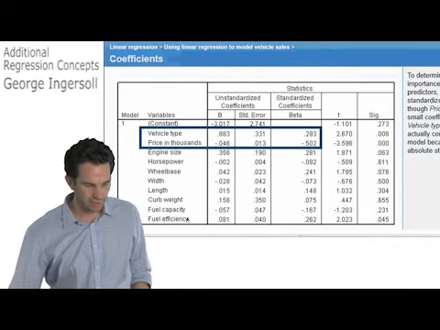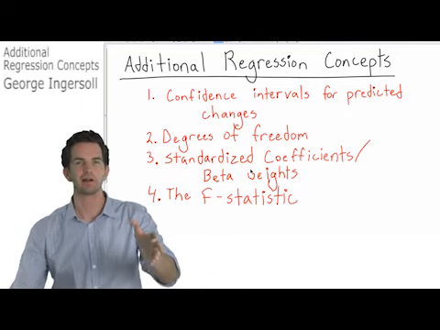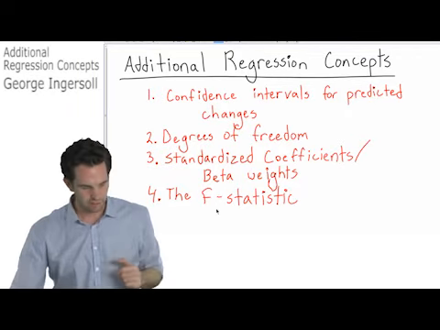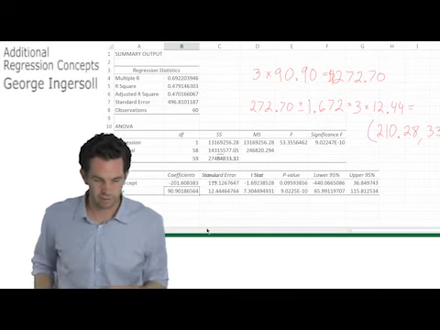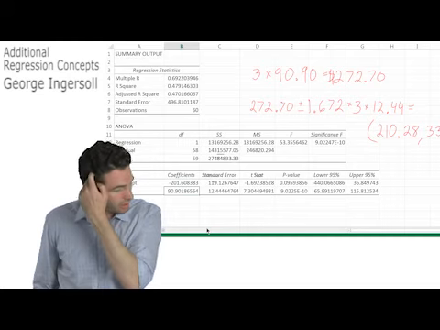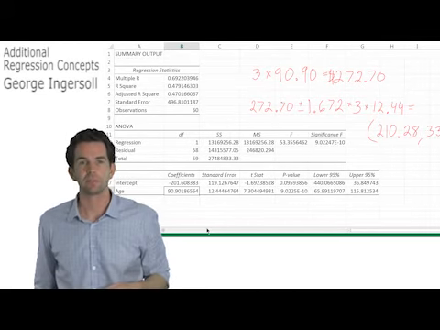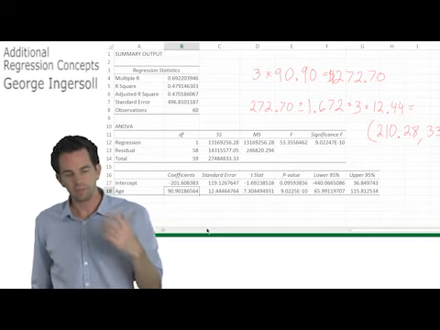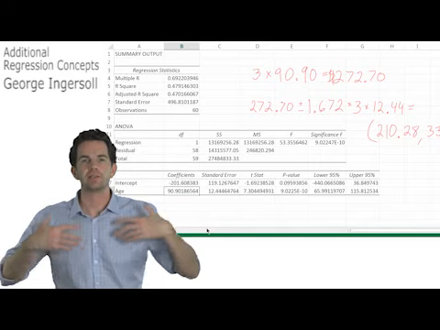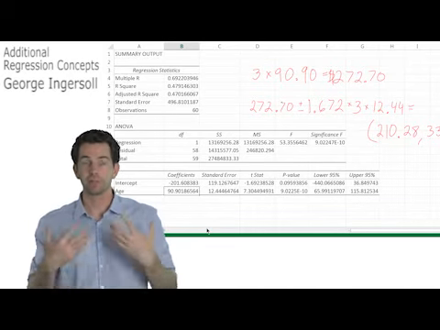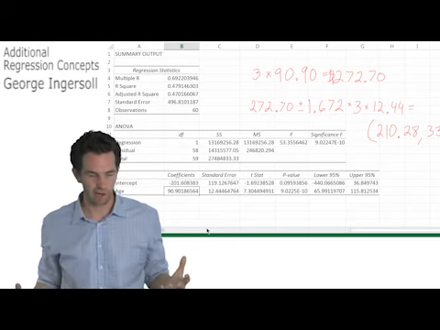The last thing I want to talk about, okay, we've talked about standardized coefficients, beta weights, what they are, is the F-statistic. The F-statistic is actually in Excel. It's pretty much going to be provided to you in every piece of regression software. What it basically says is whether there is a significant predictive relationship in your entire regression equation.